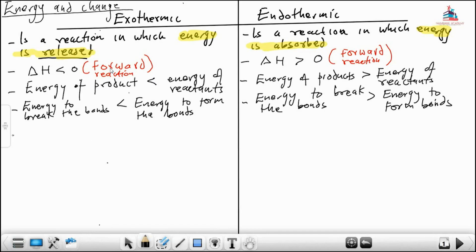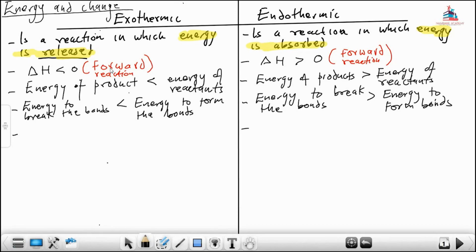What else can one say in terms of this? One can easily say, for an exothermic reaction, energy is released into the environment. What does that mean in terms of the reaction vessel or the walls of the container?